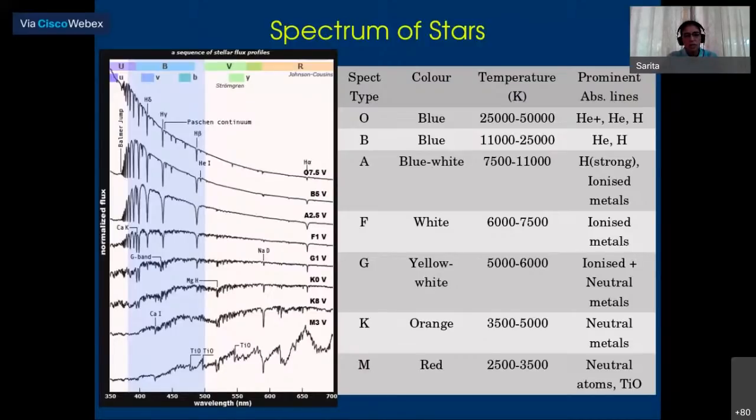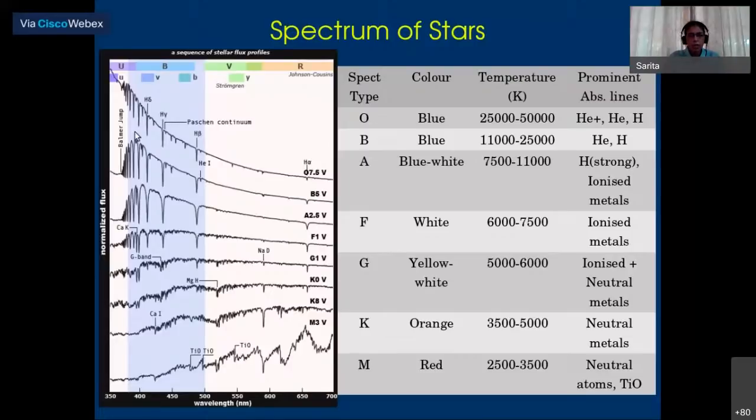So when you say He1, that means it's neutral helium, and He Roman 2 means helium plus. H1 of course is neutral hydrogen, and H2 Roman would mean ionized hydrogen, and ionized hydrogen are protons, as you know. So this is a terminology which is commonly used in astronomy. If you encounter this, it actually tells you about the ionization stage of that particular element.